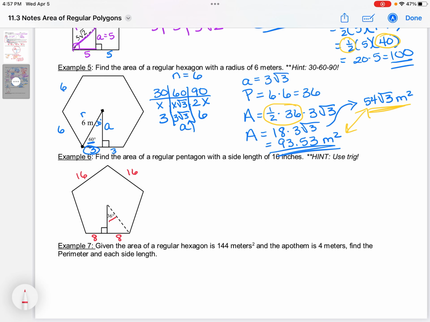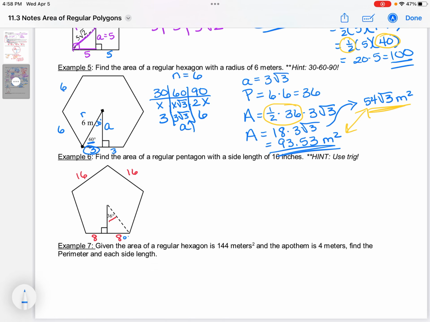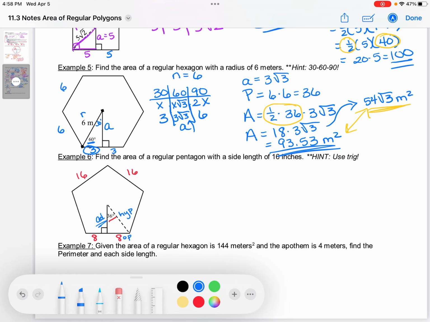And we have this weird angle, so we're not going to be able to use 30, 60, 90. We're going to have to go back in time to our sine, cosine, tangent. So let's think about this for a minute. This is the opposite side. This is the hypotenuse. And this is the adjacent side. And we would like to find the adjacent side.